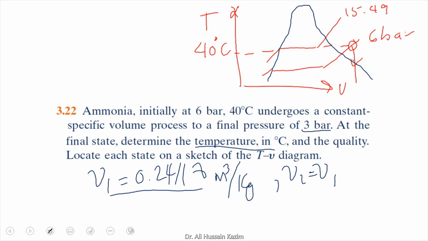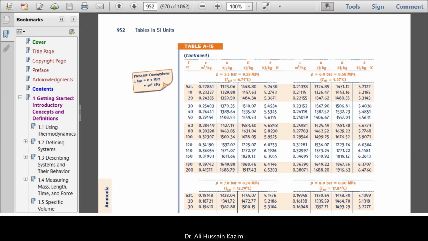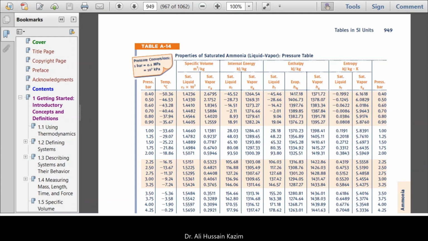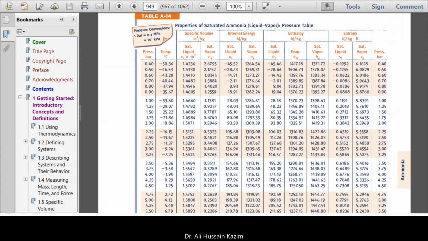So if we consult the tables again, at 3 bar the temperature is minus 9.24 degrees Celsius, and we know VF and VG.